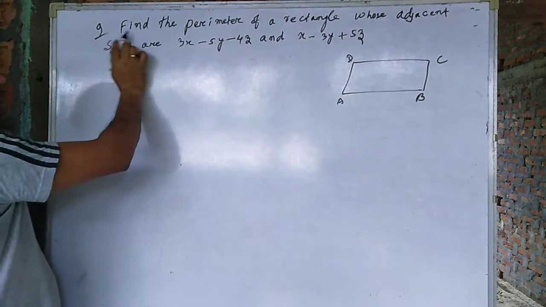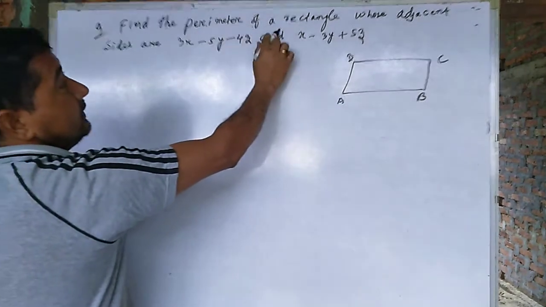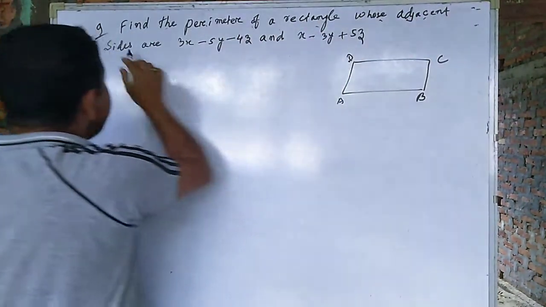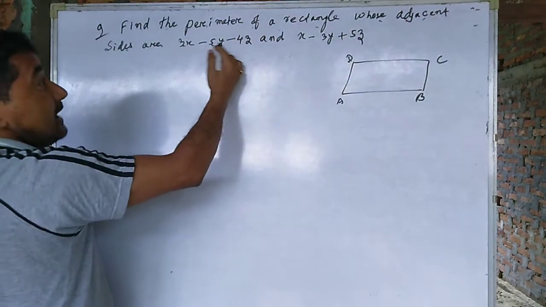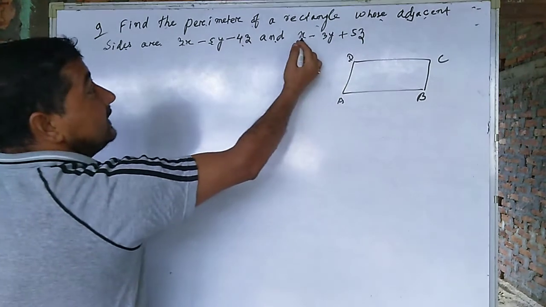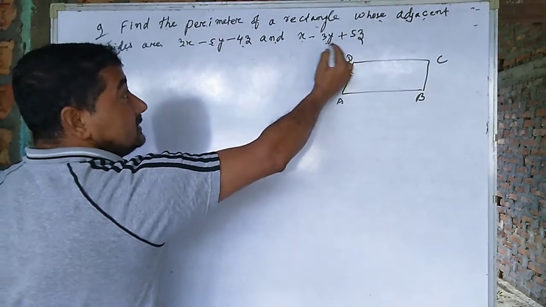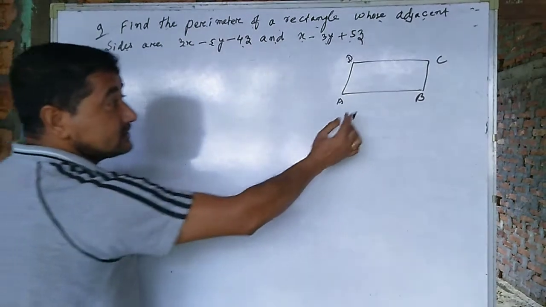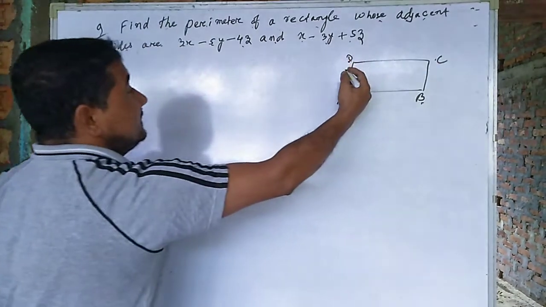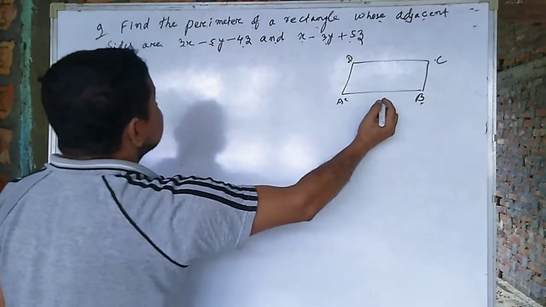Question number 9. Find the perimeter of a rectangle whose adjacent sides are 3x minus 5y minus 4z and x minus 3y plus 5z. Suppose ABCD is the rectangle. Two adjacent sides are given.